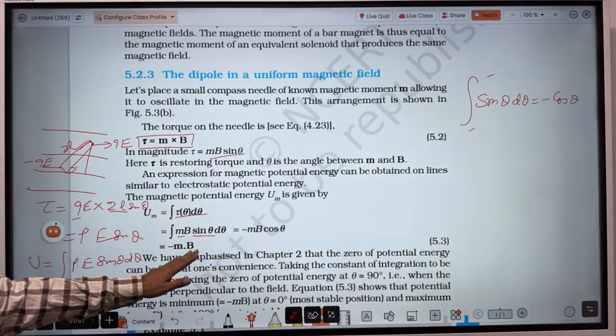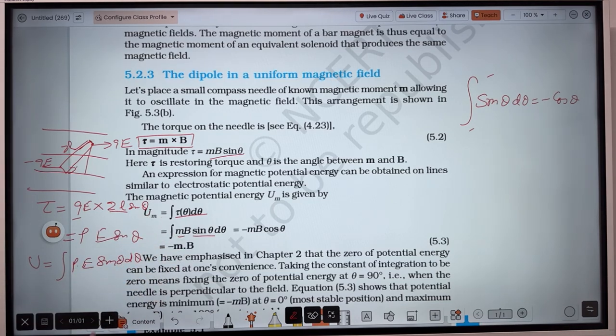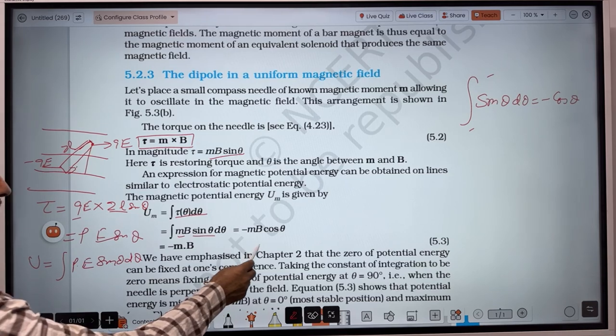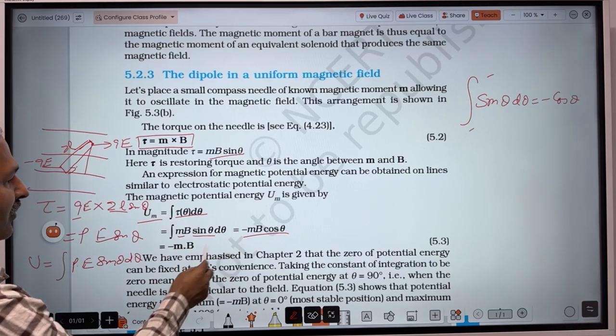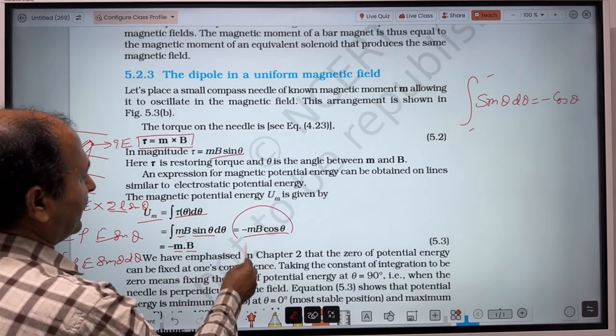So MB sine theta d theta, with limits theta 1 and theta 2, and we take theta 2 as 90 degrees and theta 1 as theta. After that we will get the result minus MB cos theta. In terms of the dot product of two vectors, minus M dot B. Here we can find the value of potential energy for stable and unstable equilibrium on the basis of this theta.